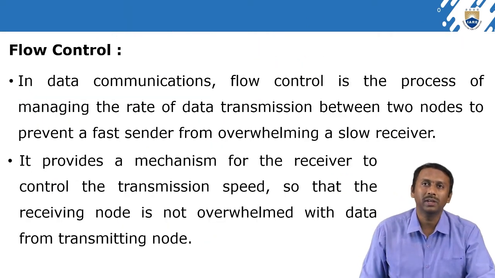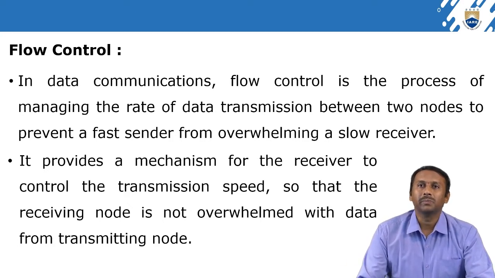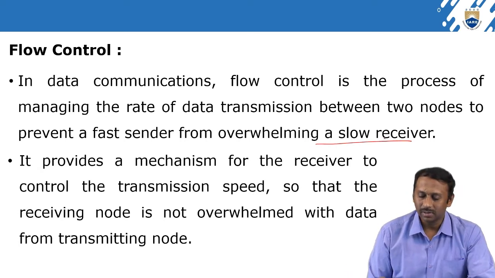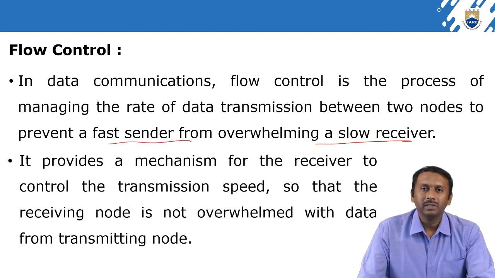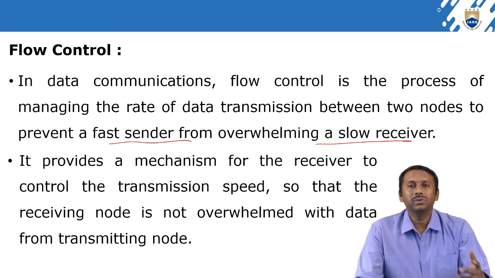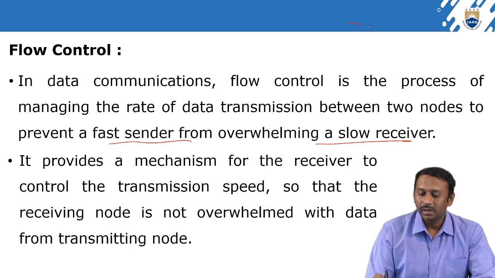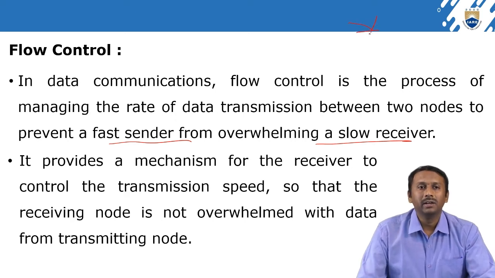Flow control. In data communication, flow control is the process of managing the rate of data transmission between two nodes to prevent a fast sender from overwhelming a slow receiver. For example, in a lecture hall, if the professor delivers the lecture very fast and the students take in the information very slowly, what will happen?